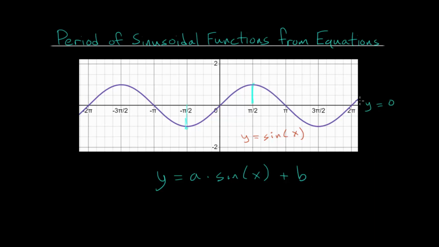This constant b will shift this midline either up or down depending if b is positive or negative. If it's, for instance, plus 3, it will shift all the y values up 3 units, and the new midline would be y is equal to 3.